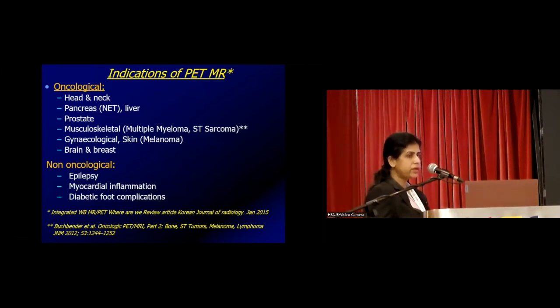So the head and neck, pancreas, liver, prostate, musculoskeletal like multiple myeloma, soft tissue sarcomas, gynec malignancies, brain, and breast are the oncological indications for PET-MR imaging. The other non-oncological imaging is for the epilepsy evaluation, myocardial inflammation, and for diabetic foot complications where we need to know a lot about the structural anatomy of the diseases.